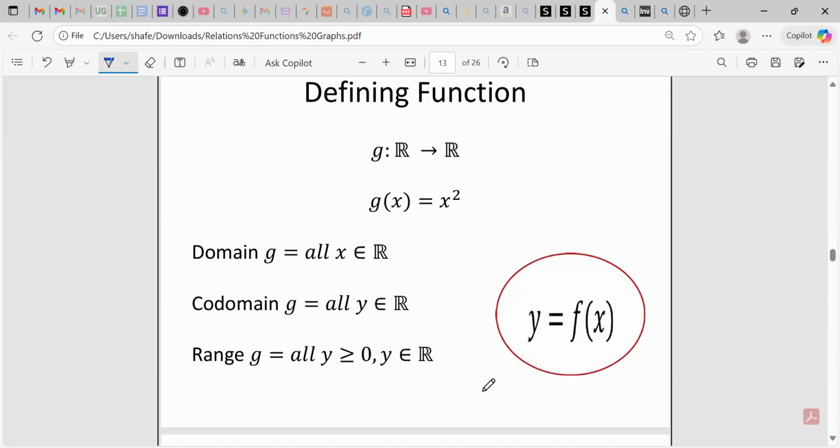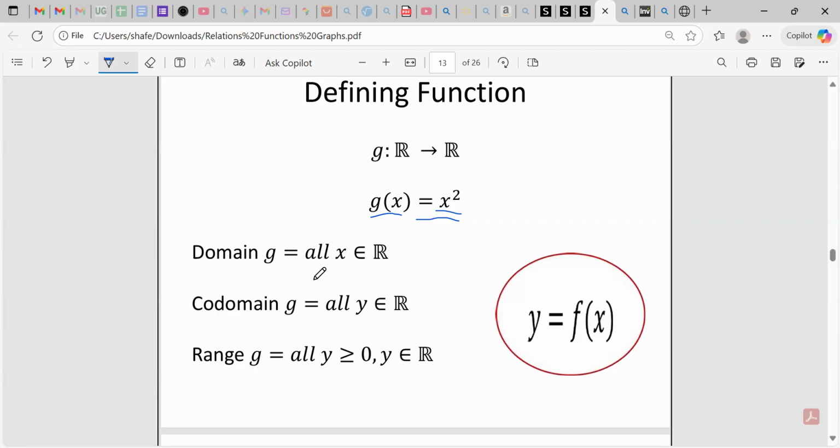Another example: g maps R to R, and we're not going to write it with that arrow anymore. We'll say g(x) is equal to x squared. So the function g takes x as an input and outputs the square of it.